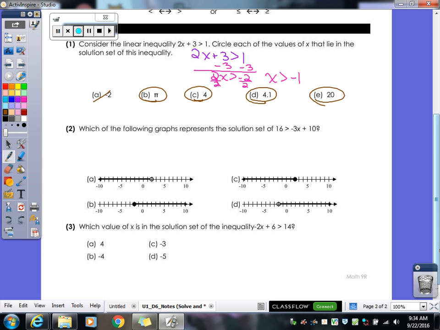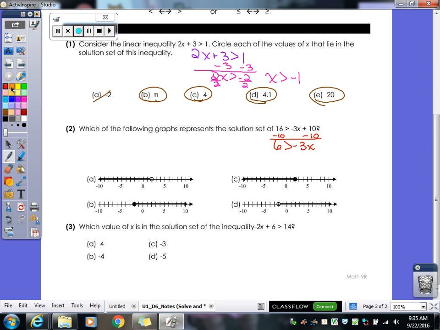Okay, let's take a look at number 2. Which of the following graphs represents the solution set of 16 is greater than negative 3x plus 10? So again, we've got to solve for the x first. So I'm going to subtract 10 over. So I have 6 is greater than negative 3x.